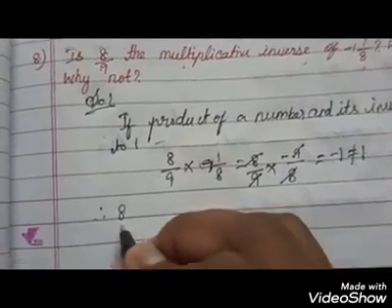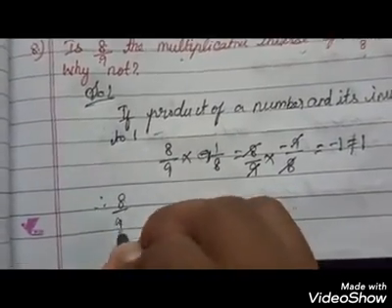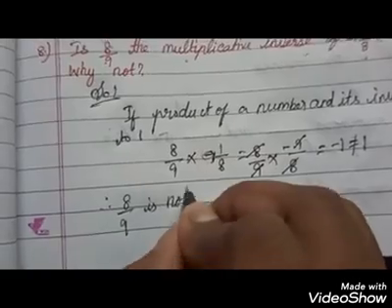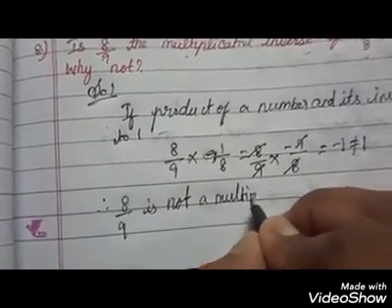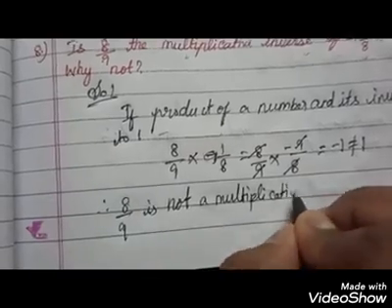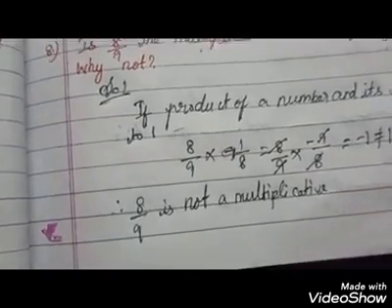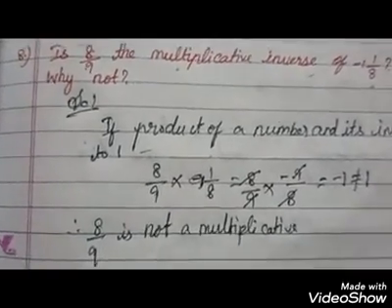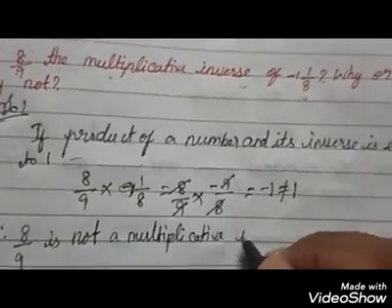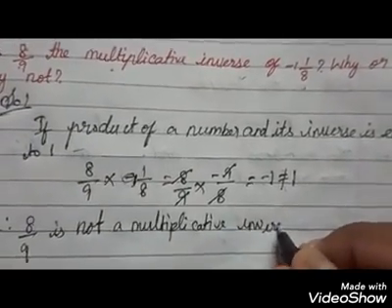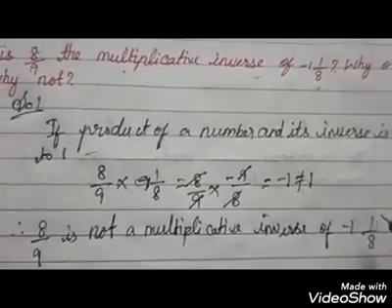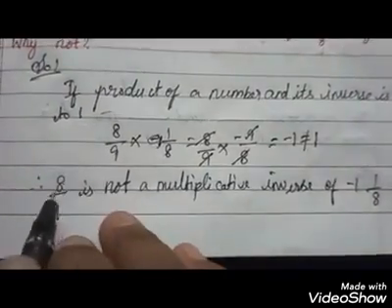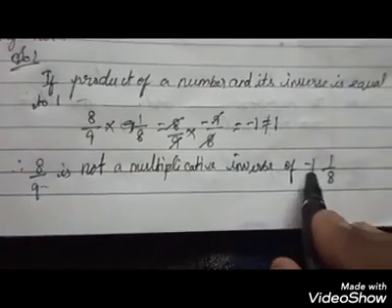Therefore 8 by 9 is not a multiplicative inverse of minus 1 by 8. So automatically you see 8 by 9 is positive, but here it is negative.